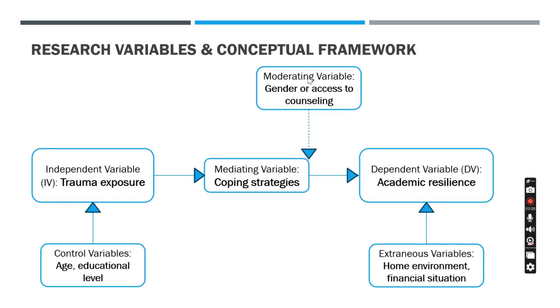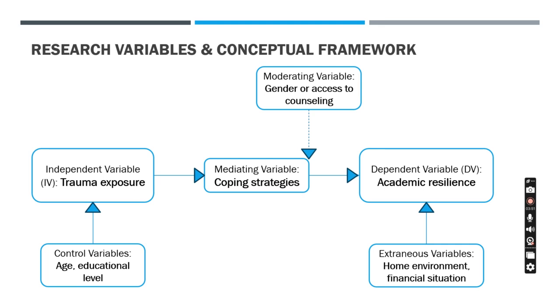And here the moderating variable could be gender or access to counseling. If you have trauma and at the same time you have access to counseling, that means you can reduce the effect of trauma on your academic resilience.